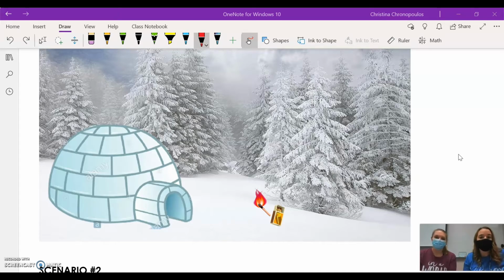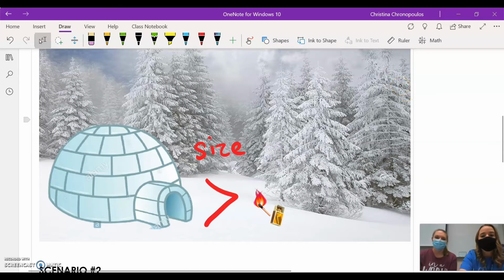But if we were to ask you which one has more heat between the igloo and the single burning match, you'd want to consider the size of the two objects. So thinking of the size, the igloo is much greater in size than the single burning match, and therefore it has more molecules than the single burning match.